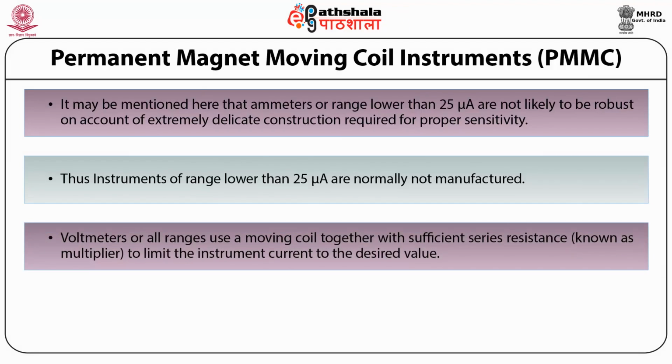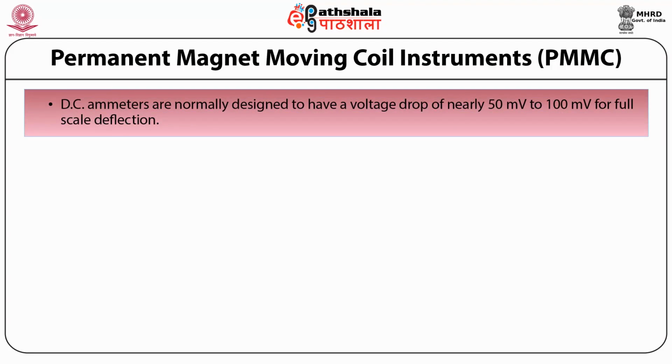Voltmeters of all ranges use a moving coil together with sufficient series resistance, known as a multiplier, to limit the instrument current to the desired value. DC ammeters are normally designed to have a voltage drop of nearly 50 millivolts to 100 millivolts for full-scale deflection.